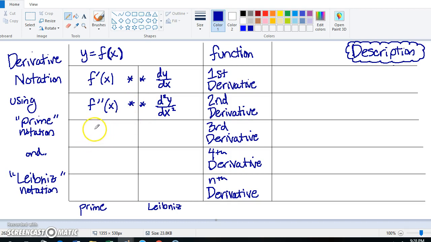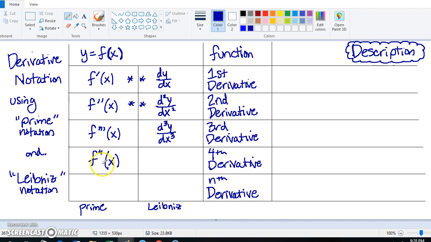We can find third derivatives. That would be f triple prime of x, or d cubed y over dx cubed. Beyond that, it gets difficult to write all the primes, so we just put a numerical superscript number.